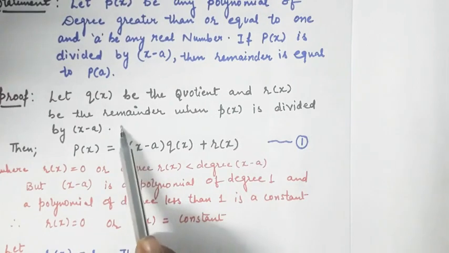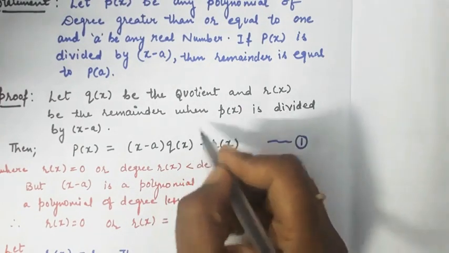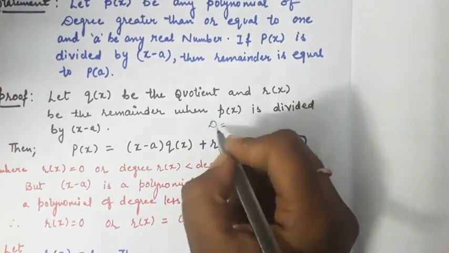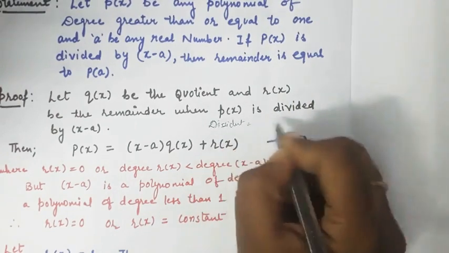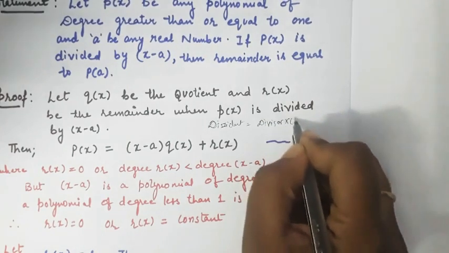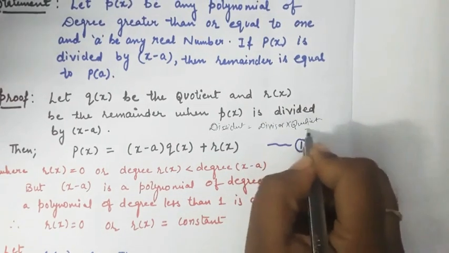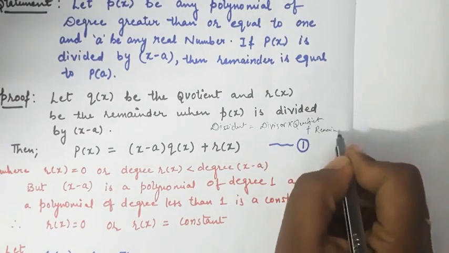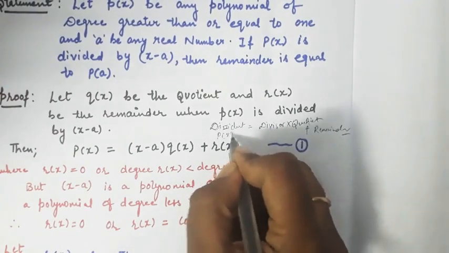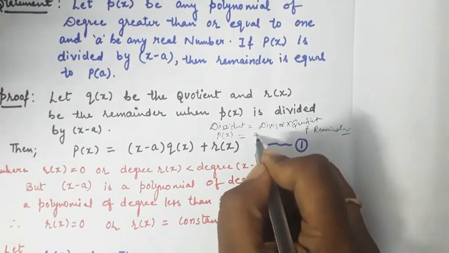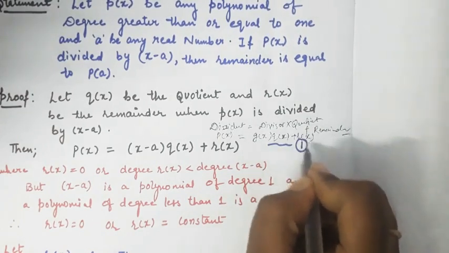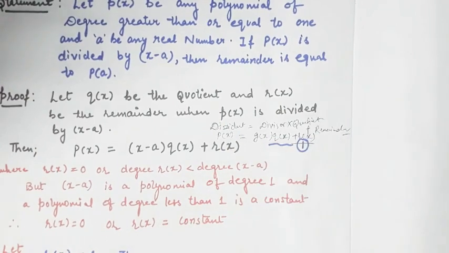As you know, the division algorithm says that the dividend can be written as the product of divisor and quotient, plus remainder, right? So in the case of polynomials also, if the dividend is p(x) and the divisor is g(x), the quotient is q(x) and the remainder is r(x), that can also be expressed in this form.